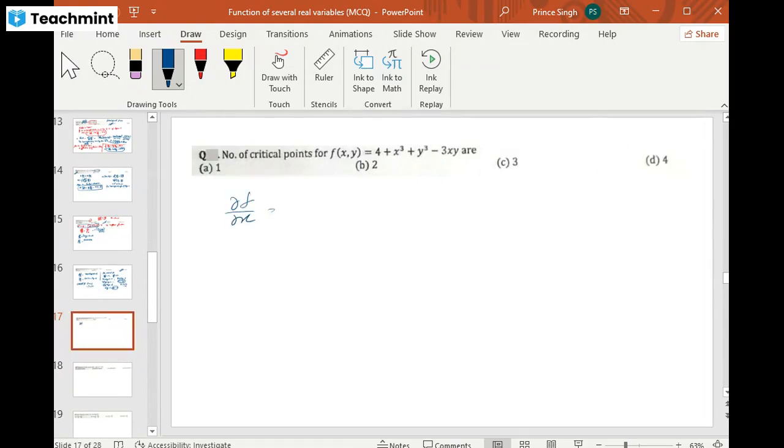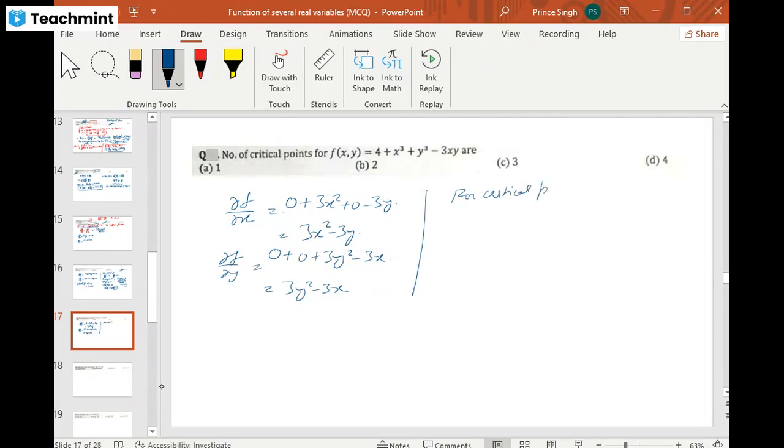Let us first calculate the first order derivatives. 0 + 3x² + 0 - 3y, that is 3x² - 3y, and the derivative with respect to y is 0 + 0 + 3y² - 3x, that is 3y² - 3x. For a critical point, we substitute ∂f/∂x = 0 and ∂f/∂y = 0, meaning 3(x² - y) = 0 and 3(y² - x) = 0, so x² = y and y² = x.